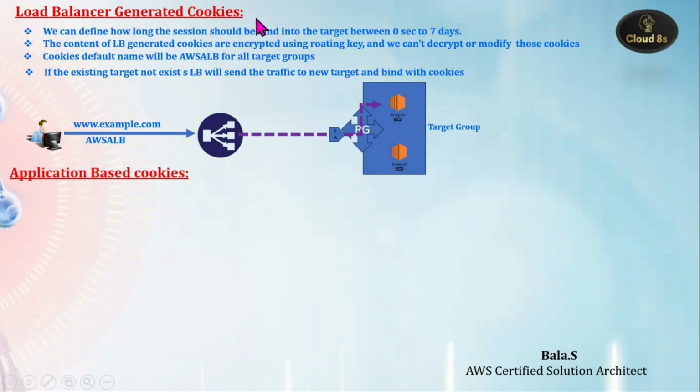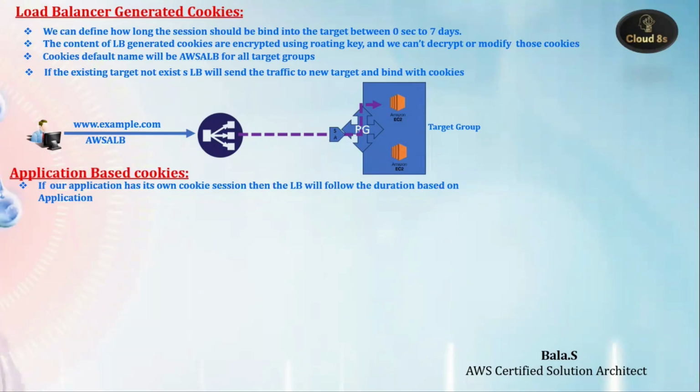Before looking at the AWS console, we will see how application based cookies work at the AWS level. Application based cookies mean that if you are managing your own cookies in your environment, you can configure an application based cookie, and the AWS ALB will follow the instruction based on the application based cookies configured in your own environment.